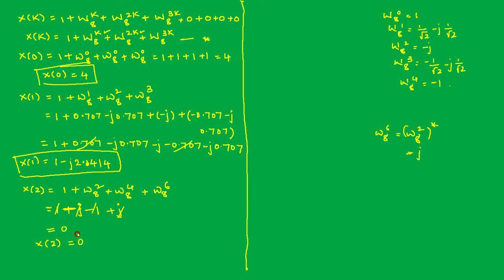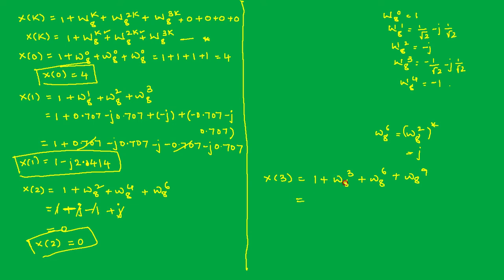And next we will further move on to the next sample values. So that is x of 3, right? So x of 3 is equal to 1 plus W8 raised to 3, because k is equal to 3, W8 raised to 6 plus W8 raised to 3 into 3 is 9.